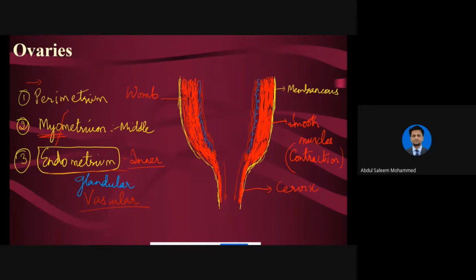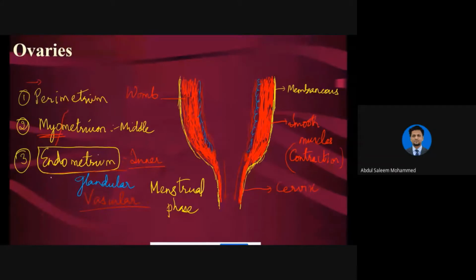And once this phase gets completed, in the next phase you can find the proliferation of the new layer, proliferation of the new glandular epithelium. Along with that, even the blood vessels will be formed fresh. So this endometrium, the third innermost layer, takes part in the menstrual phase.